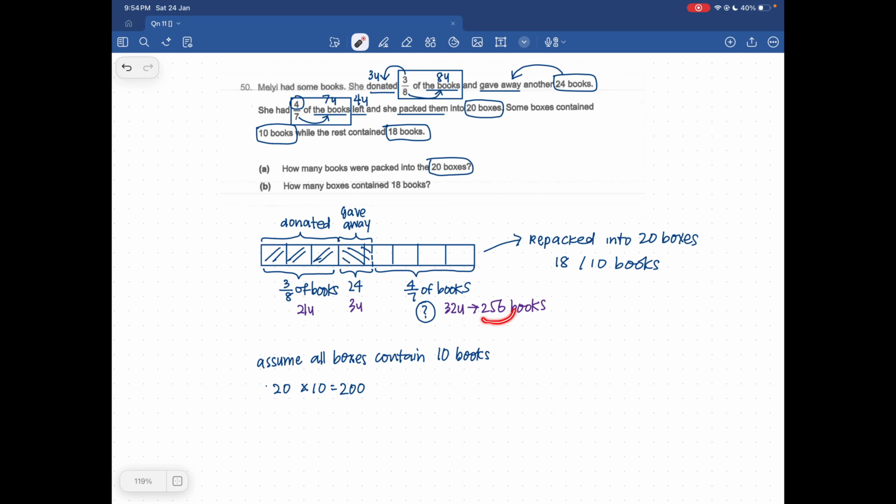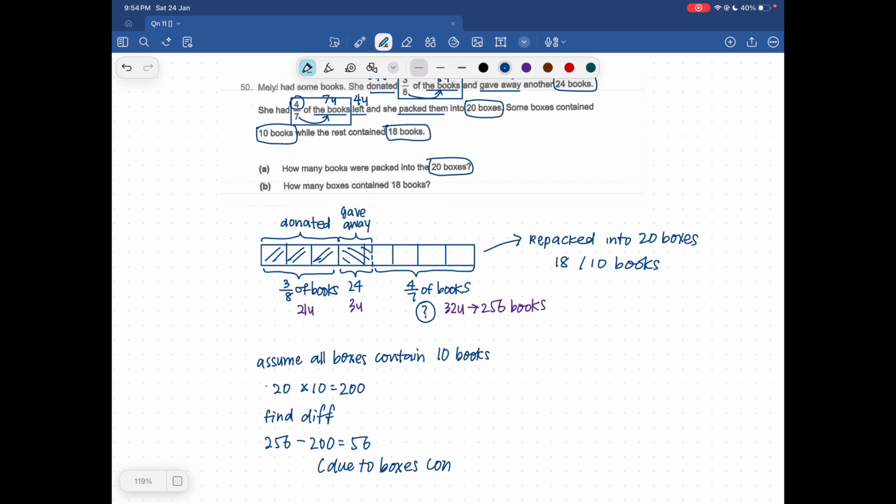But we have 256 books. So where did the additional 56 books come from? It must come from the boxes that contain 18 books. So the second step, we will find the difference. I'll take 256 minus 200, which equals 56. This is due to boxes containing 18 books.